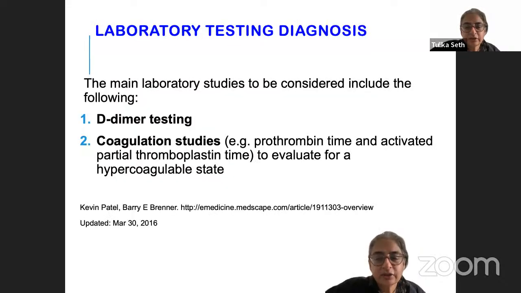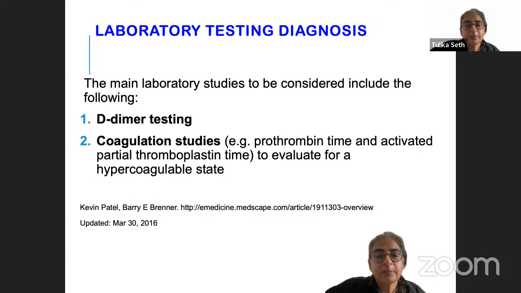So when do you have a high index of suspicion? One is, of course, the setting of the child. So if it's a sick child in the hospital, you can do a D-dimer and coagulation test. So how does the D-dimer help you? If the D-dimer is high, you may be dealing with a thrombosis, but D-dimers are raised, as we all know, in many other scenarios. If the D-dimer is negative, it has a very good negative predictive value, so you're probably not dealing with a thrombosis.